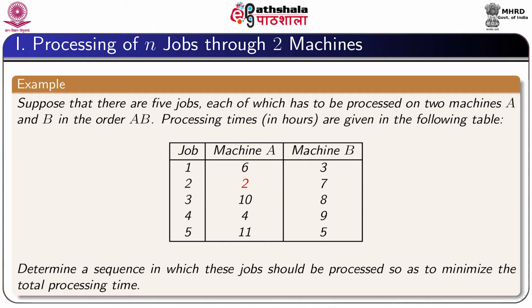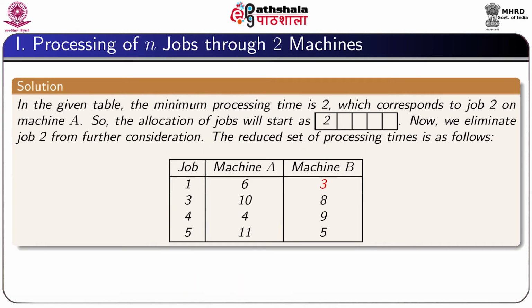If we apply Johnson's algorithm, then we have to first look for the minimum processing time. This table shows that the minimum processing time is 2, which corresponds to job 2 on machine A. So, the allocation of jobs will start by placing job 2 at the first place of the sequence.